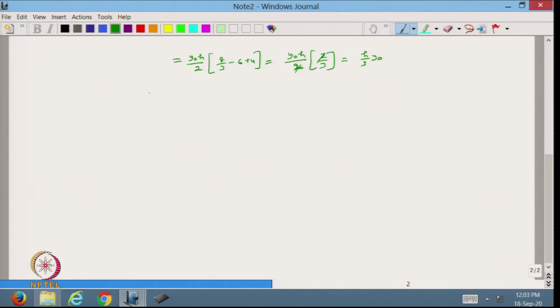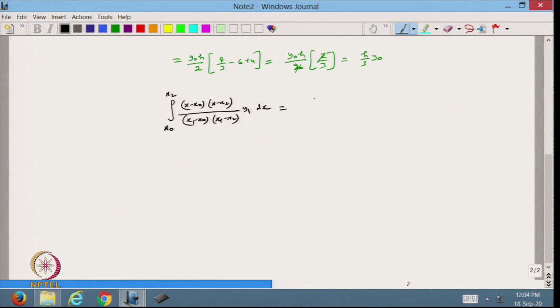Similarly, I can go for the next integration from x0 to x2, with x minus x0, x minus x2, x1 minus x0, x1 minus x2 and y1 dx. So, this I will get, and from here the same way we can find out.